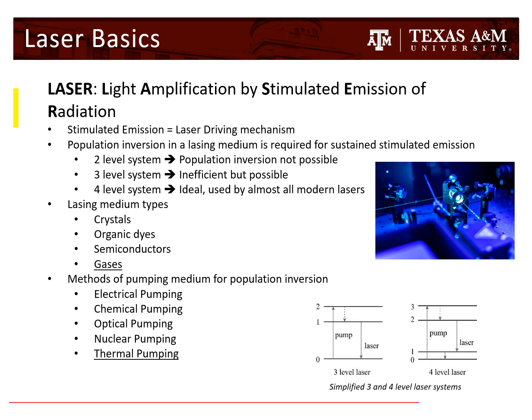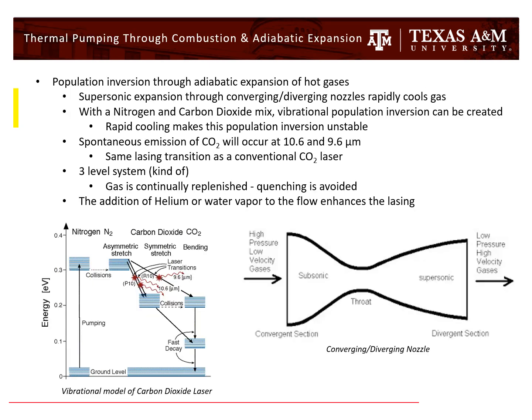There's electrical, chemical, optical, nuclear is also one, and then in the case of a gas dynamic laser, what we're interested in is thermal pumping, which is far less common or heard of when it comes to discussion and research in lasers.